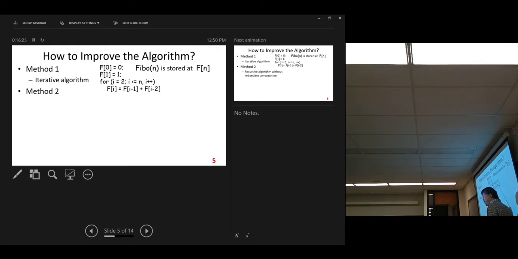Okay? All right. Method 2. This one is already very good, linear. Why do we need a method 2? Actually, the method 2 is a similar algorithm with similar properties, but the thinking is different. The thinking is valuable. Performance-wise, the first one and the second one are very close.